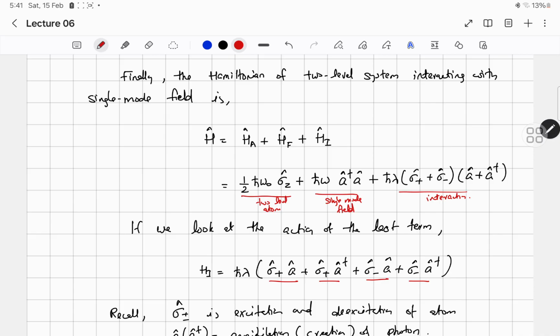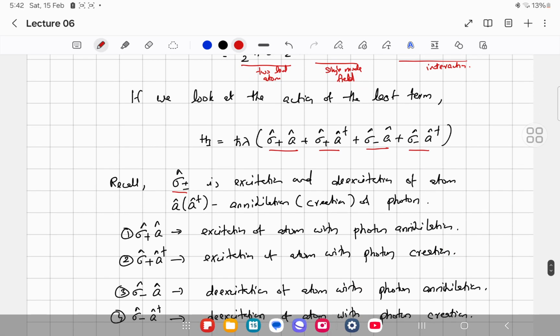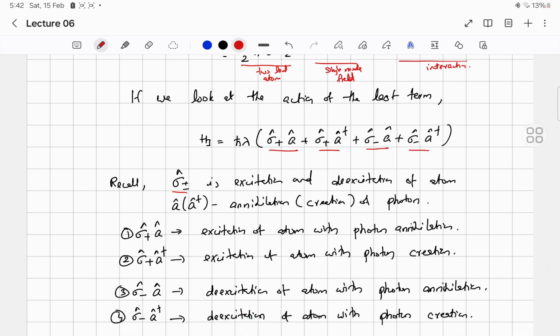Now what is the meaning of sigma plus and sigma minus? Remember, sigma plus and sigma minus are the excitation and de-excitation of the atom. If you act sigma plus on the atom, the atom may excite, and with sigma minus the atom may de-excite. And a and a dagger are the annihilation and creation of a photon. The action of a decreases the number of photons, and the action of a dagger increases the number of photons.